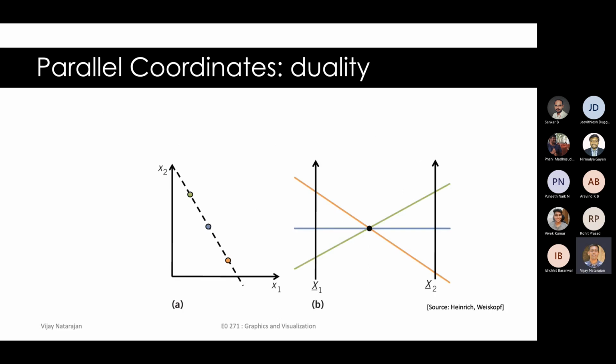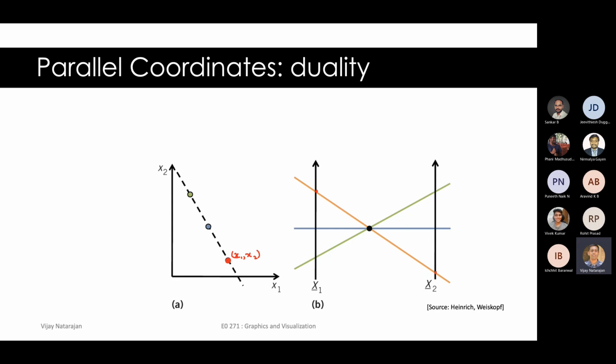So why is this true? This is because of the duality property between lines and points. What we have done is taken a point here, since the axes are x1, x2. So one point in the primal space, when you represent it in the parallel coordinates, appears as a polyline, right? Or as a line here, because it's just two coordinates, the orange line.